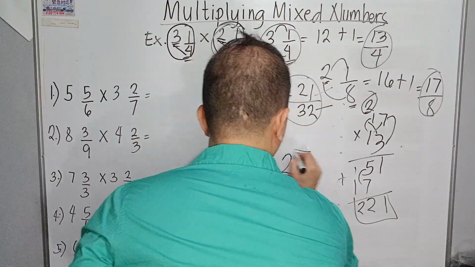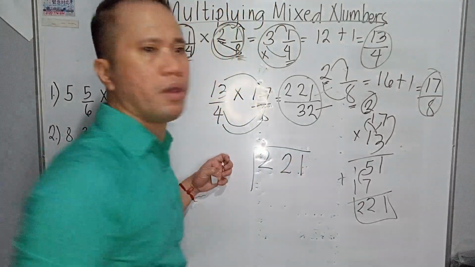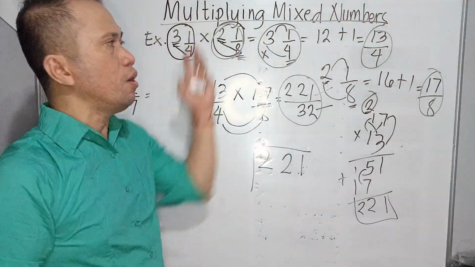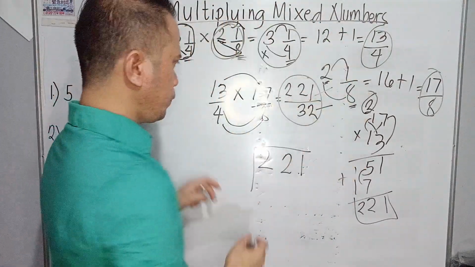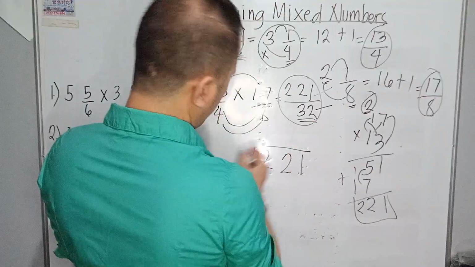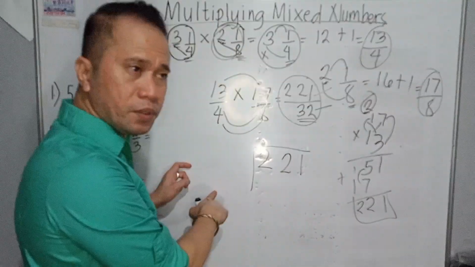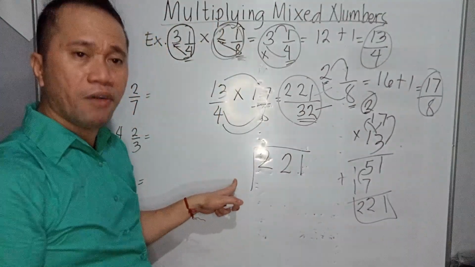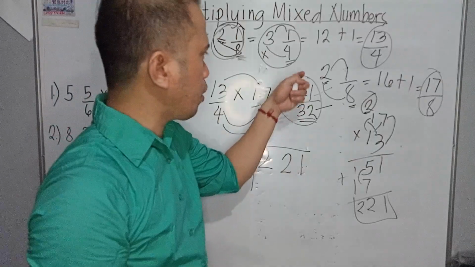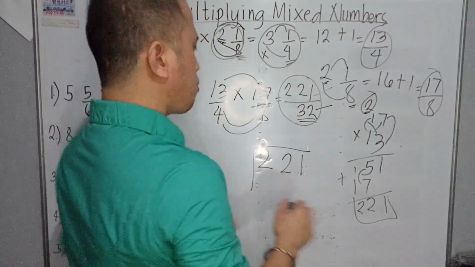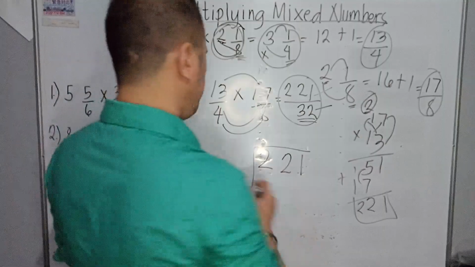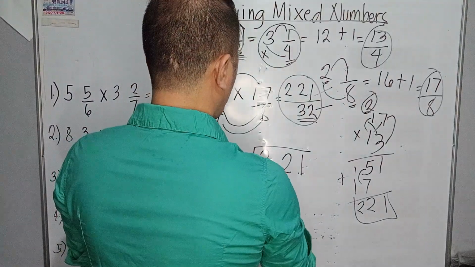221, even though it's too long, but this is the step-by-step procedure on how to solve multiplying mixed numbers, divided by 32. So our denominator becomes the divisor and our numerator becomes the dividend. Remember, the dividend is greater than the divisor, which is 32.